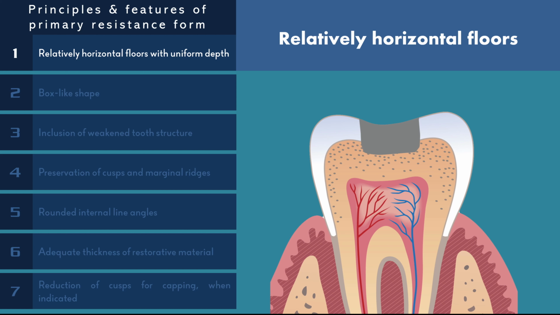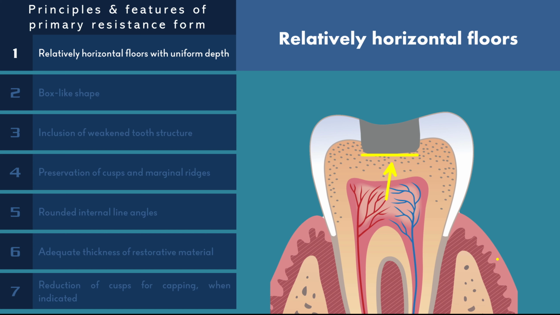The first principle and feature is the relatively horizontal floors. Whenever we are doing a preparation, the floor of the tooth preparation should be flat and horizontal. It should not be slanting in one direction.